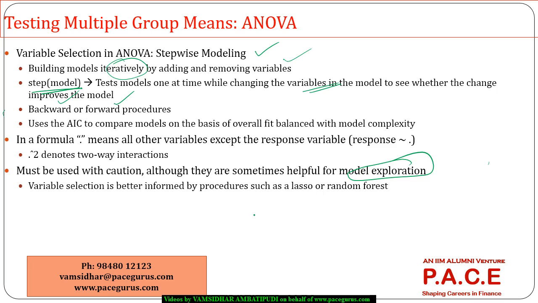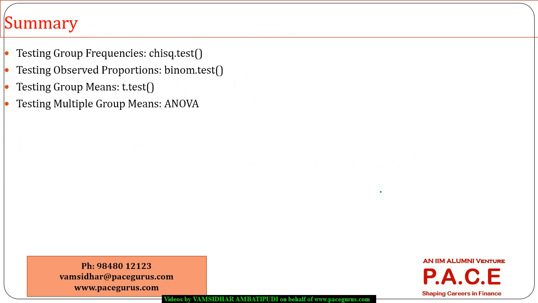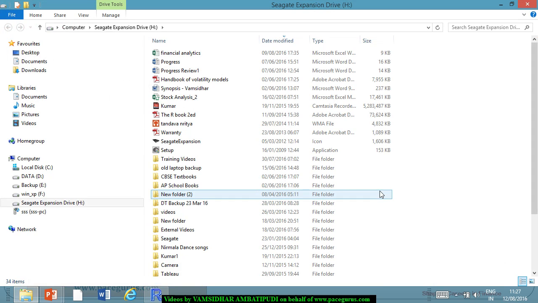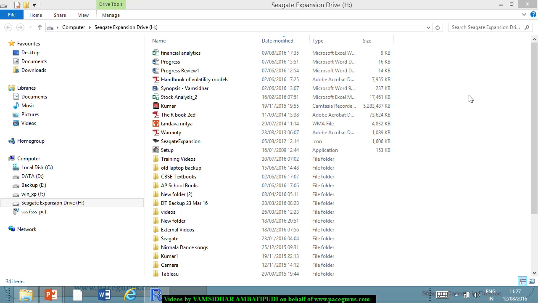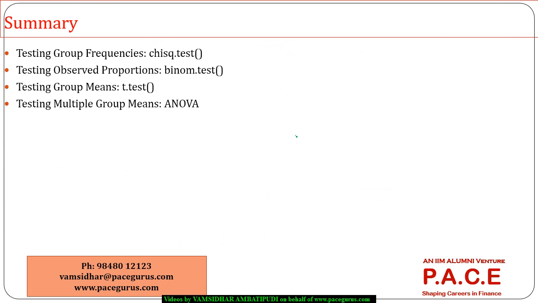But compared to this, we'll see at a later point, the variable selection is becoming more and more comfortable when we are using procedures like lasso or random forest kind of stuff, compared to using this kind of ANOVA scenarios, stepwise ANOVA kind of stuff, right? So that is what I wanted to look at as a part of this session.